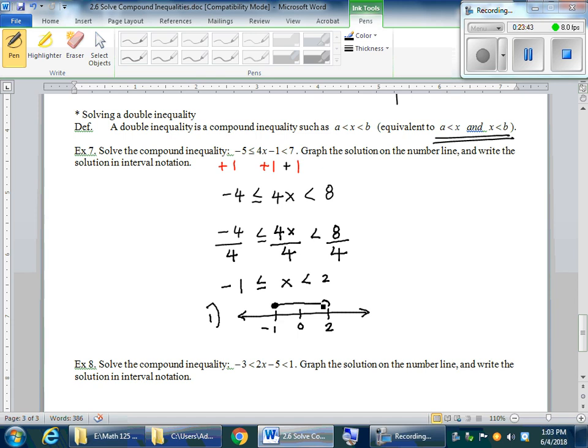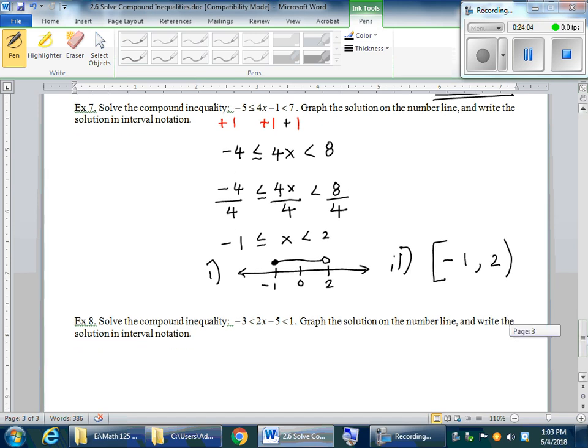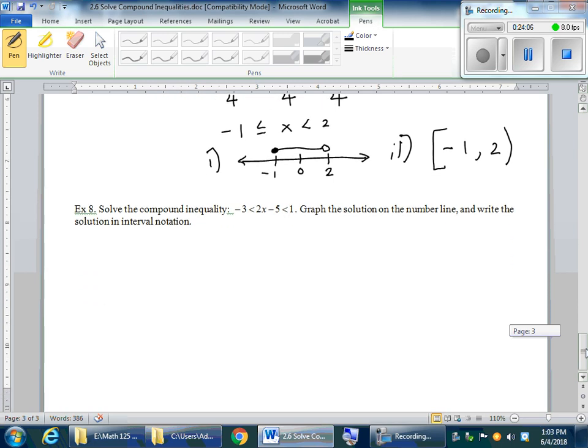And interval notation is smallest value to the largest value, so therefore it will be from negative 1 to 2. Negative 1 is inclusive, so it will be a bracket, and 2 is not inclusive, so parentheses. That will be the end of the answer.